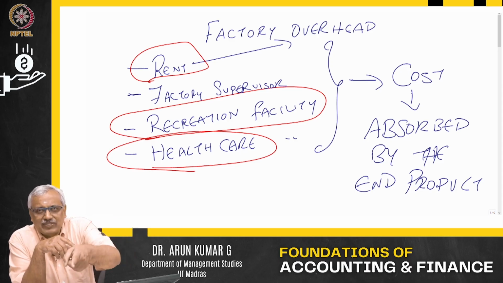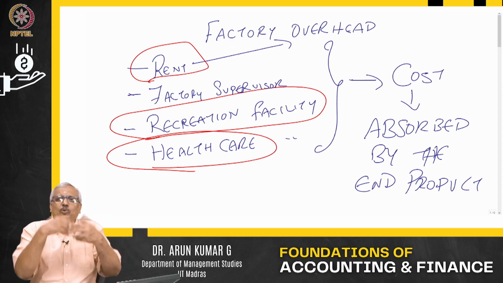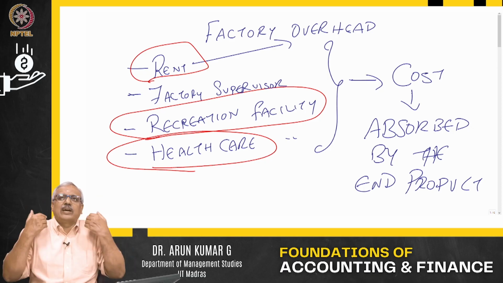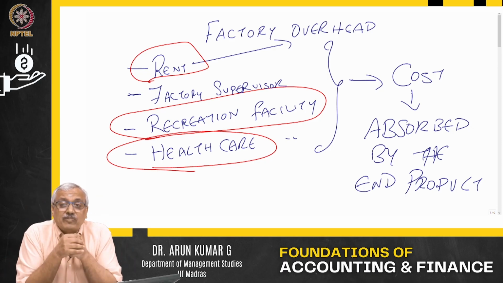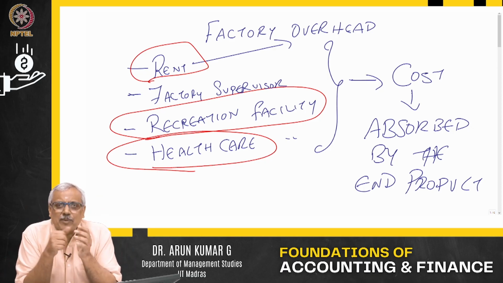So they might be using the facility more as compared to my employees. So why are you charging this cost to my product? Because then each one of them becomes a profit center. So what is happening? Each one of them is treated as a cost and profit center.